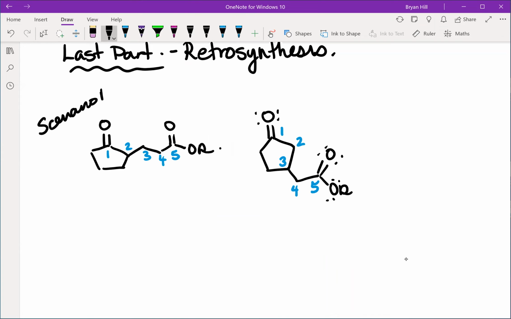Scenario A or B. And so with both of these, the strategy is going to be similar. It's just that what's the acceptor and what's the donating group will vary slightly.